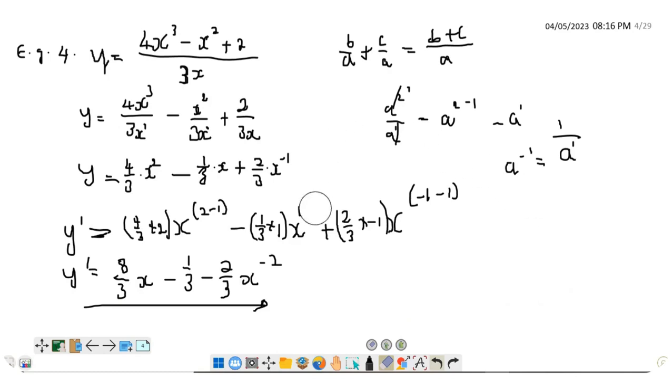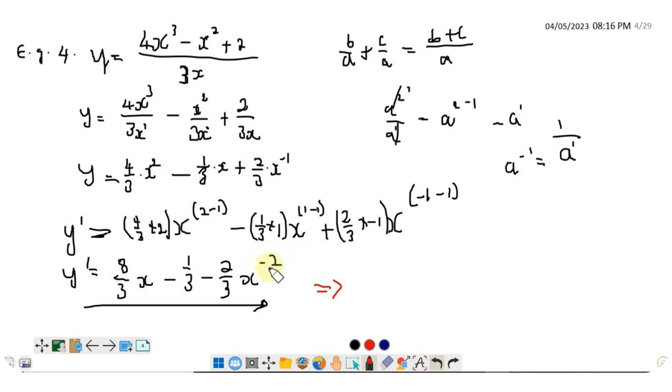So I derived it, but look, I have a negative exponent. If they say leave your exponents in positive form, then this is what you're going to do. Up to now, the answer is correct. We derived. But if the instruction on your question paper says leave your exponents in positive form, then we're going to have to write this as a positive.